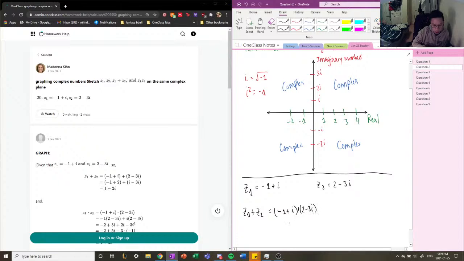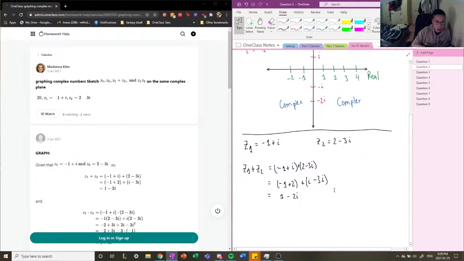We change it into this format to make another complex number. So the sum of complex numbers is another complex number. i minus 3i, so this is going to equal 1 minus 2i.